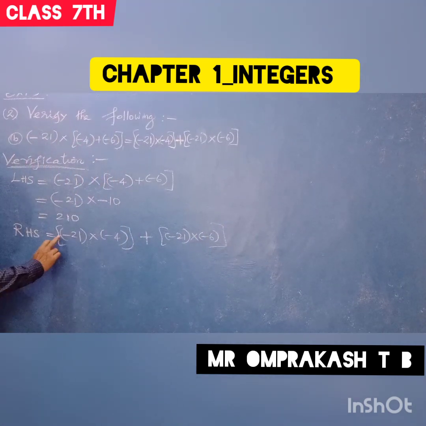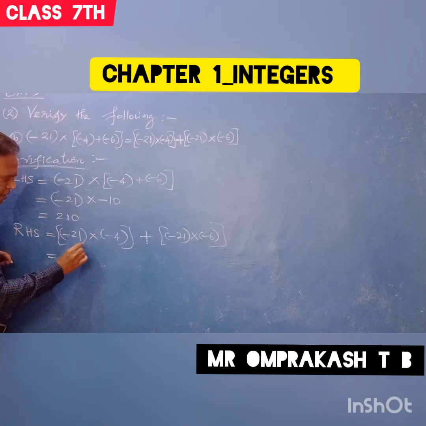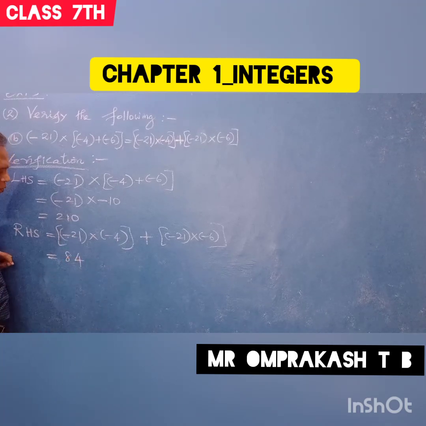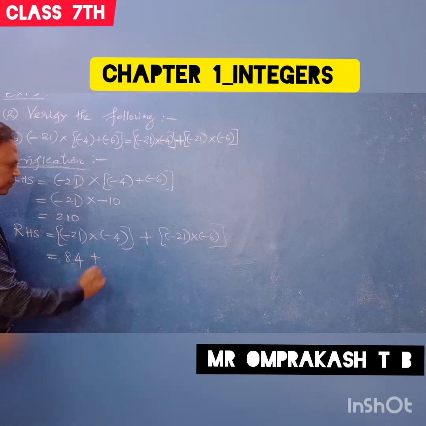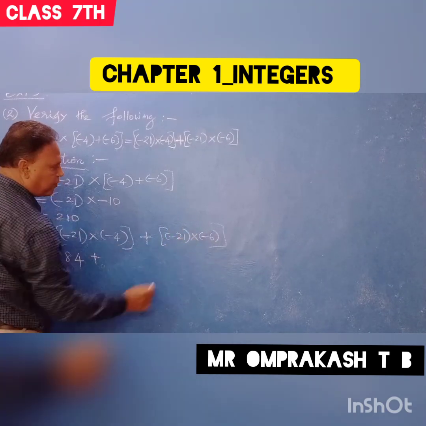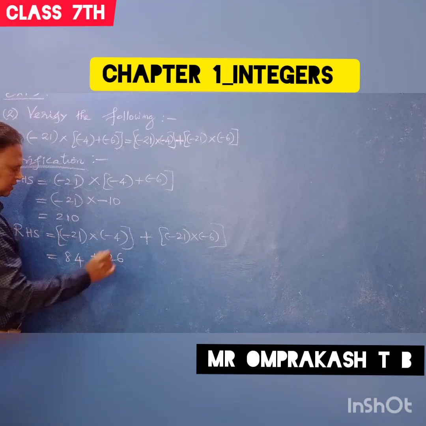You see here, first simplify this term. Minus into minus is plus, 21 into 4 is 84. Plus, next multiply this term, minus into minus is plus again, so 21 into 6 is 126.